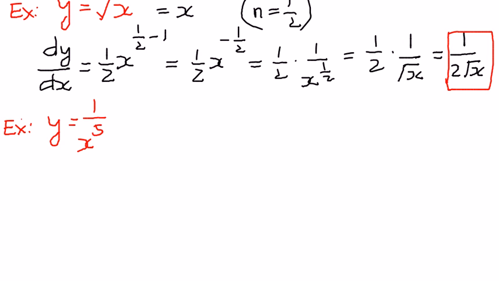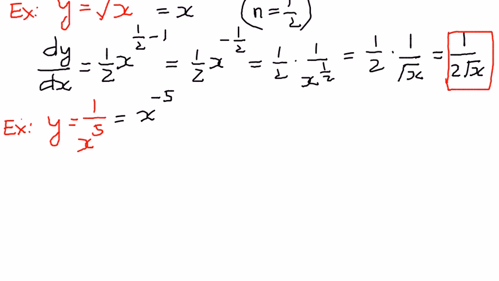This time we're going to bring this up to the numerator part. I'm going to rewrite this one as follows. 1 over x to the power of 5, I can express it as a negative exponent by bringing it up to the numerator as x to the power of negative 5.